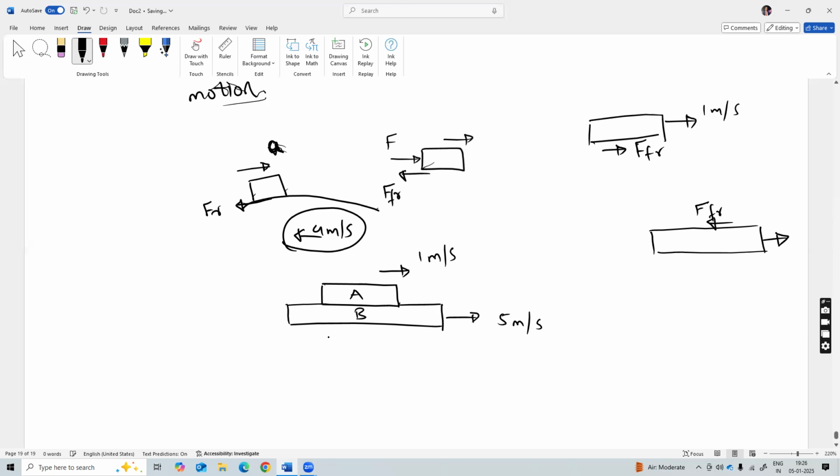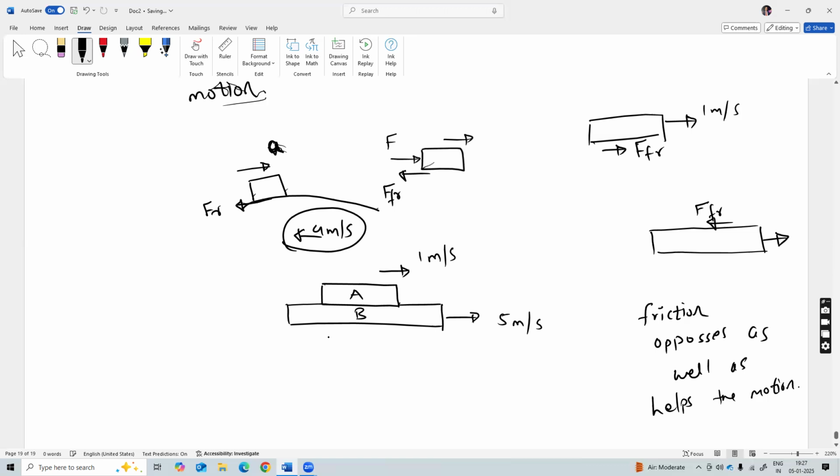So what it tells is friction resists, or opposes, as well as helps the motion. In this case, since A was moving slowly and was in contact with B, which is moving at a faster speed, the friction between A and B is helping A to move at a faster speed.